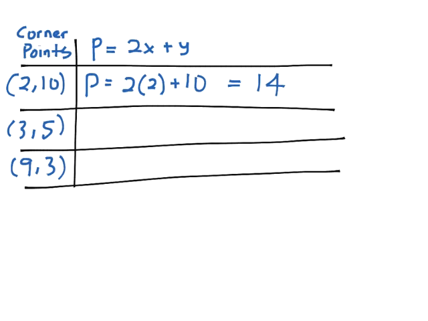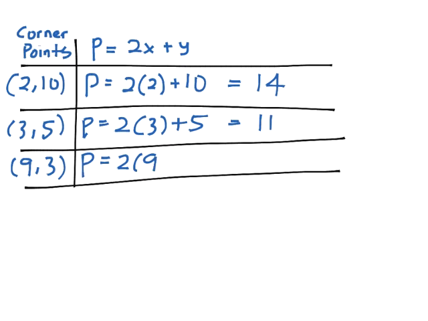The second corner point is 3, 5, so our P will be 2 multiply 3 plus 5, so you will have here 6 plus 5 is 11, and our last corner point 9, 3 will be P equals 2 multiply 9 plus 3, which is 18 plus 3, will be 21.